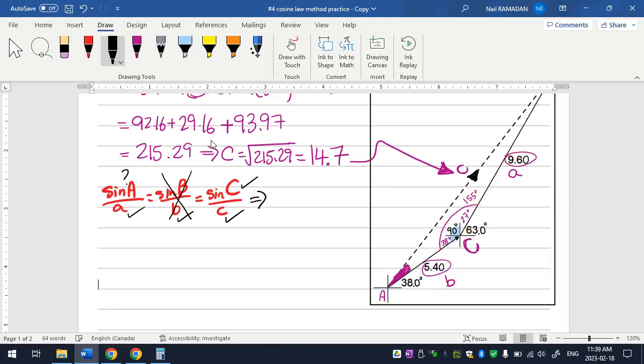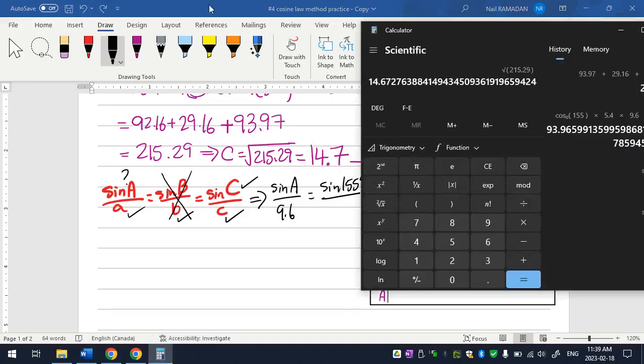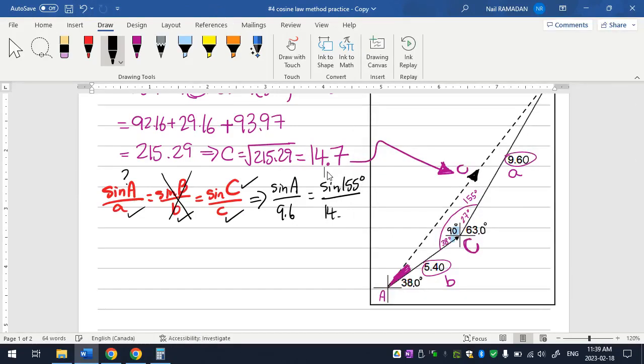So really what we're going to solve is sine A over A, which happens to be 9.6, must equal sine of C, which is the 155, but now divided by C, which is this one. So divided by 14.7, or you can go back to 14.67. I'd rather go back to 14.67, and then we have to cross.